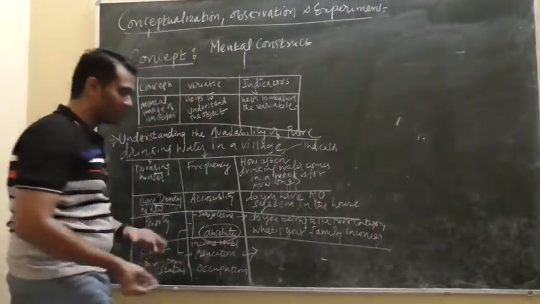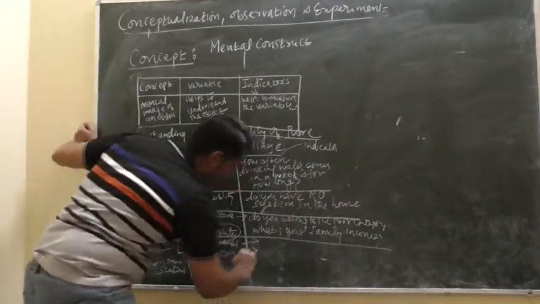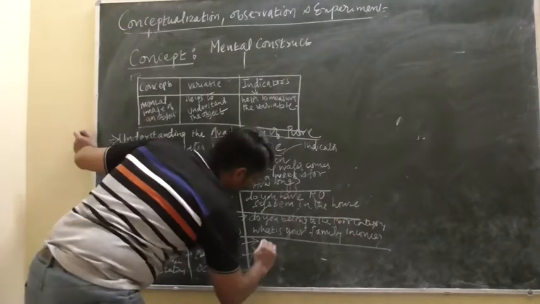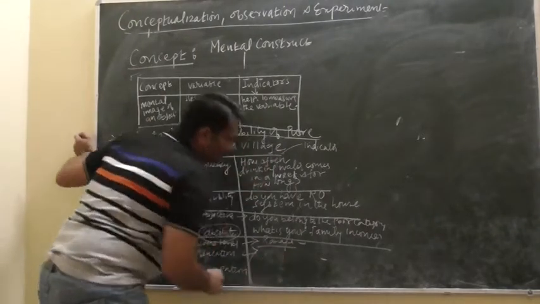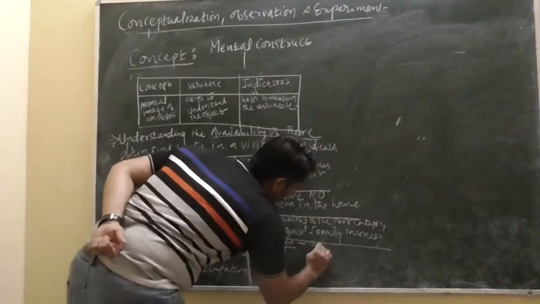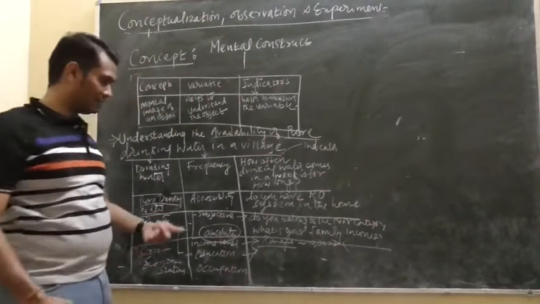So for instance, what is your individual income? The individual income may have a range, maybe more than 10,000 or lesser than 10,000 rupees.